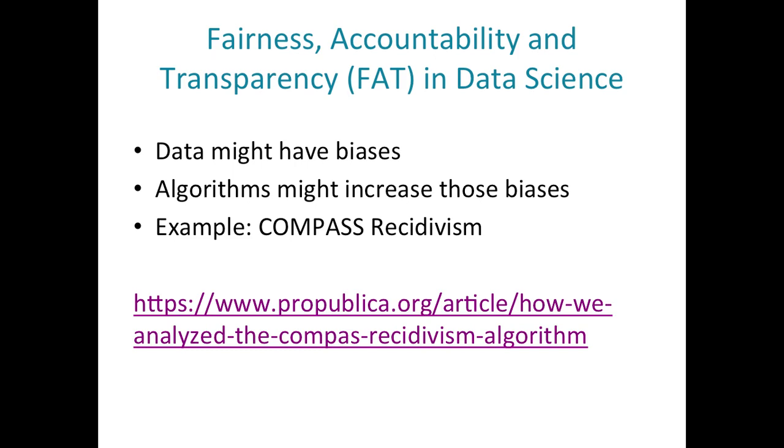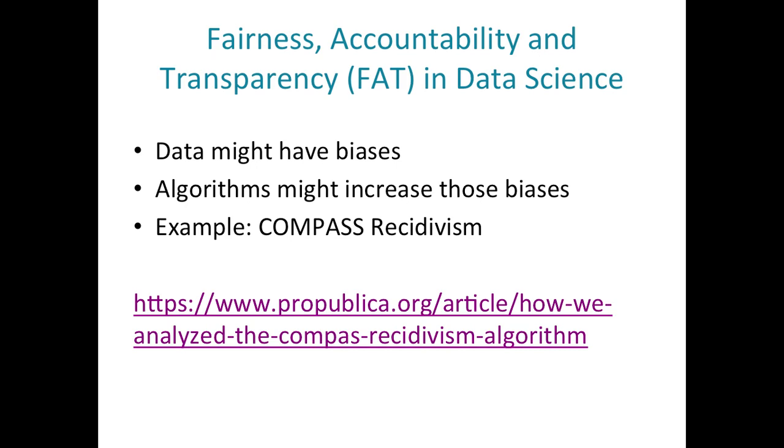There's this very well-known example about COMPAS recidivism, and this is basically a recidivism algorithm that some reporters tested, the algorithm that judges were using, so in a real setting, and they observed that there were some biases against certain groups, and so that certain social groups were being targeted more than others, or the implications were worse for certain social groups than others, okay?